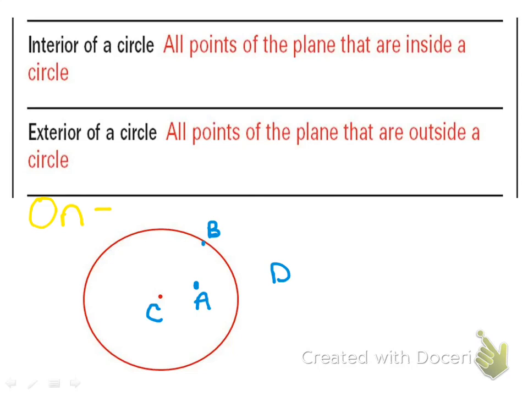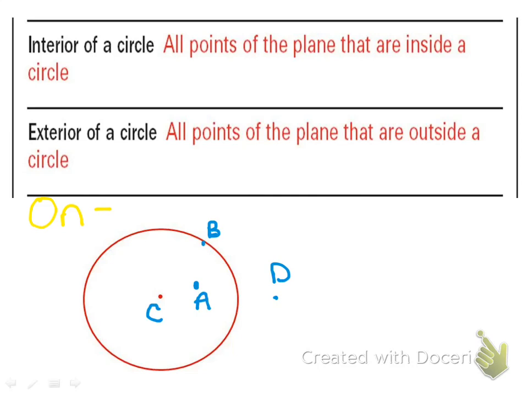If I were to ask you on a test or quiz or in the homework to name a point on the interior of the circle, Christian, what would you name? Look yourself in the circle. Name a point on the interior of the circle. A. Point A is on the interior.